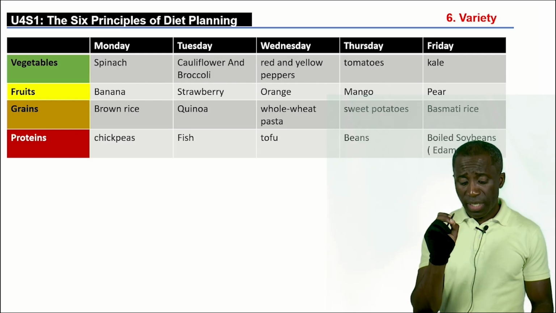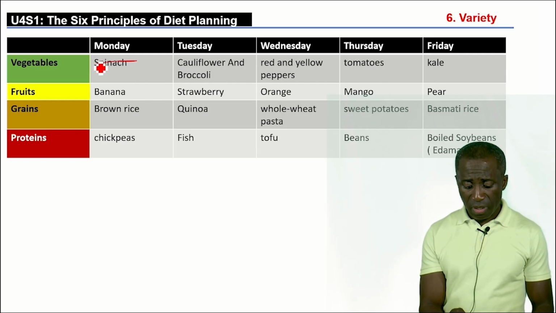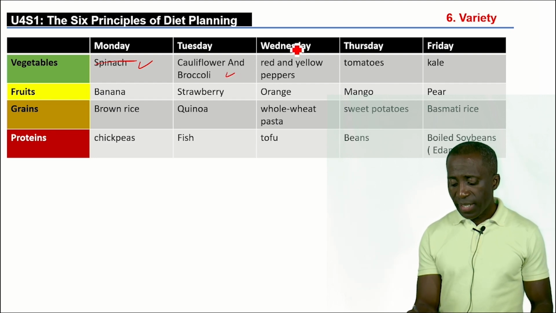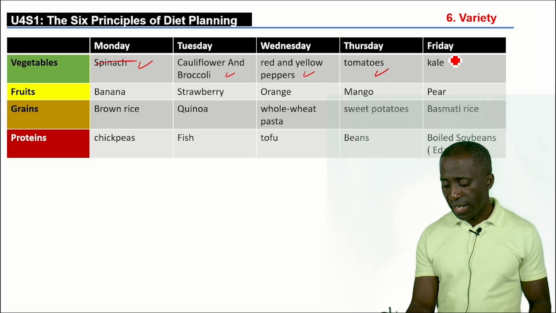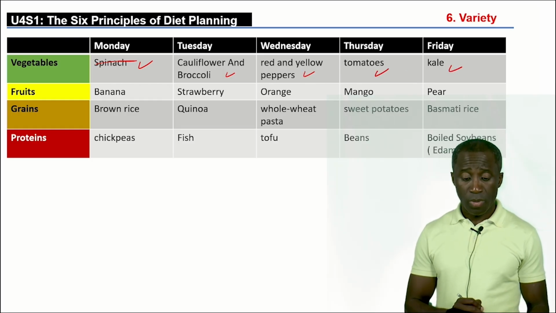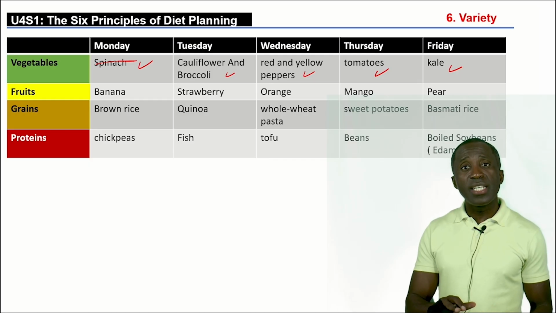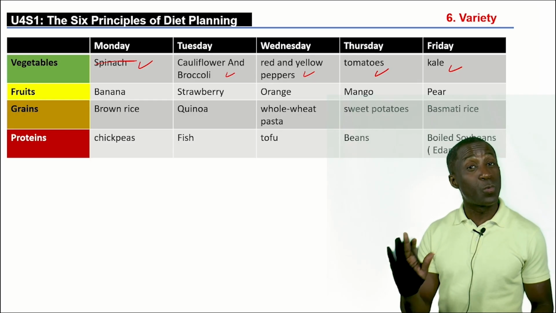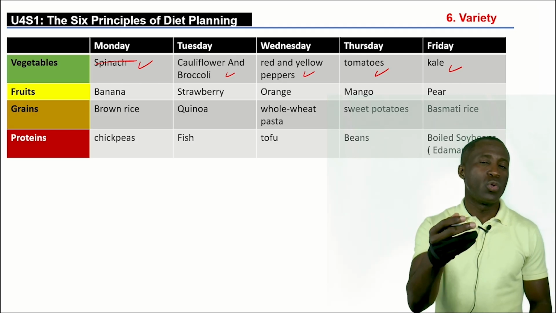For example, on Monday, this person decided to eat some spinach. On Tuesday, they're going to eat cauliflower and broccoli. On Wednesday, they're going to eat red and yellow peppers. On Thursday, tomatoes. And on Friday, they have some kale. All right. So you see that every single day they're eating different kinds of vegetables. This is what we hope you will be doing.